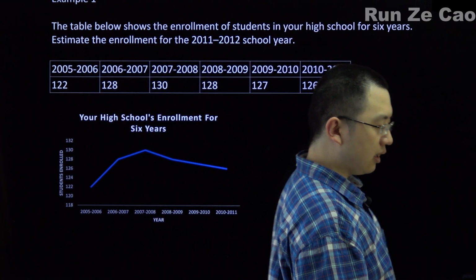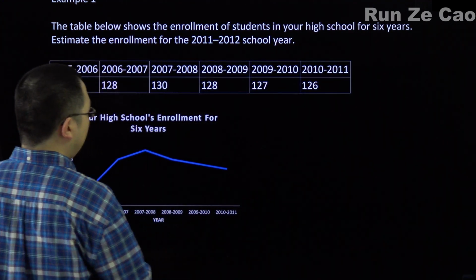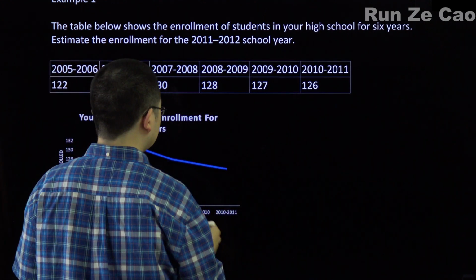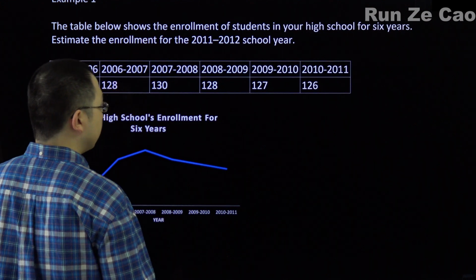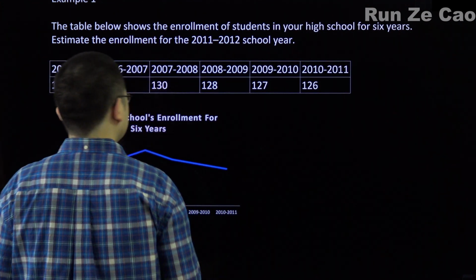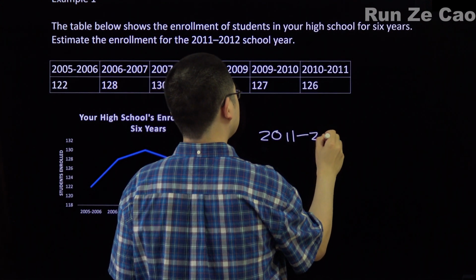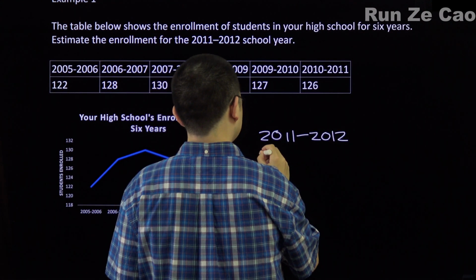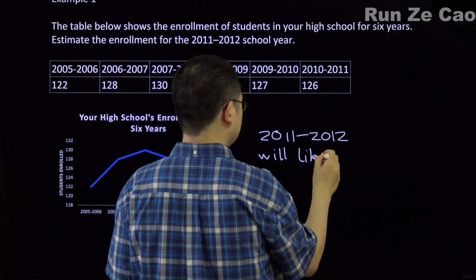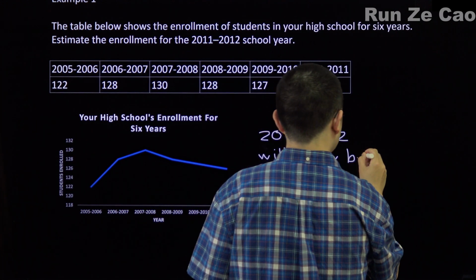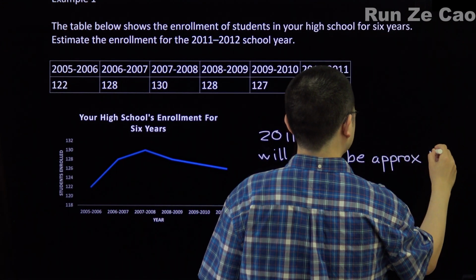We see that it went up, but then it started coming down, and for 3 years it came down by -1 and -1. So 2011 to 2012 will likely be approximately 125.